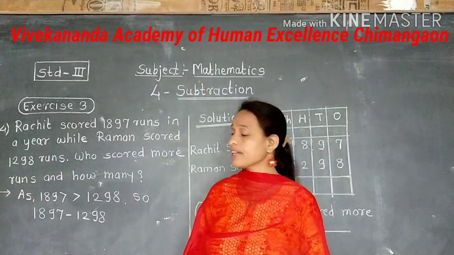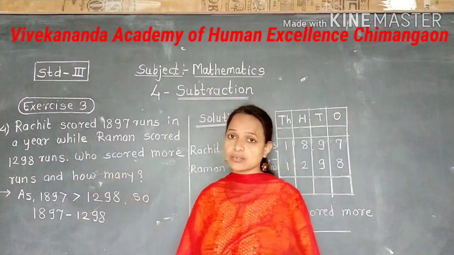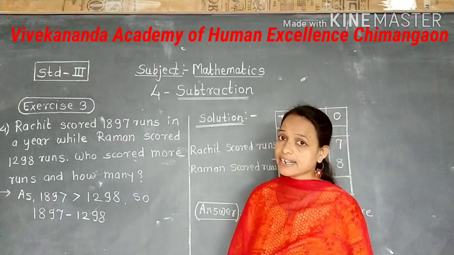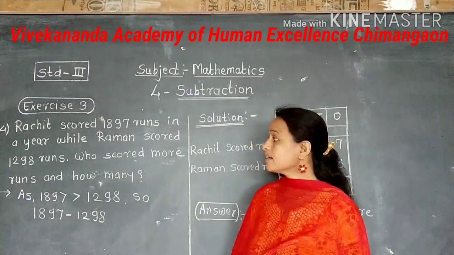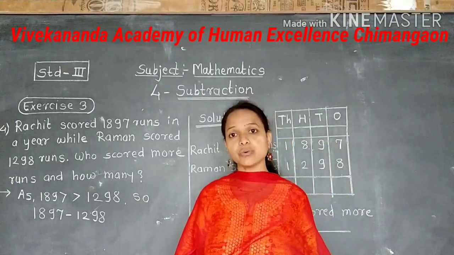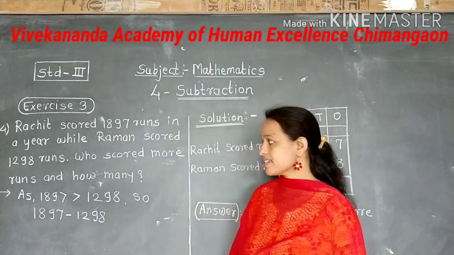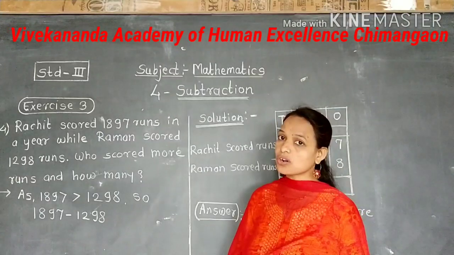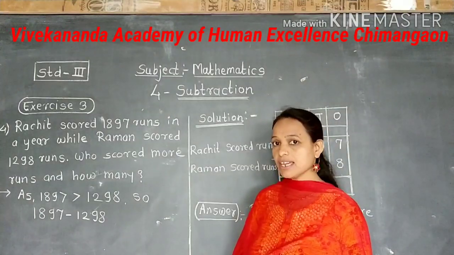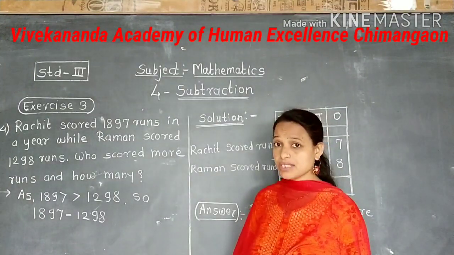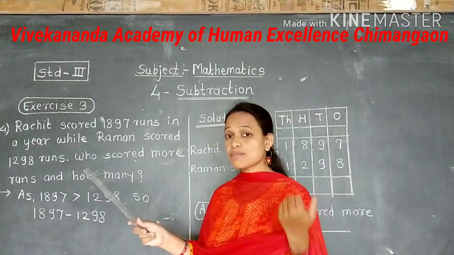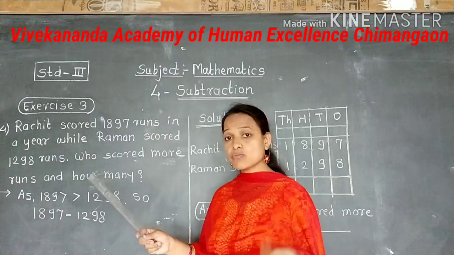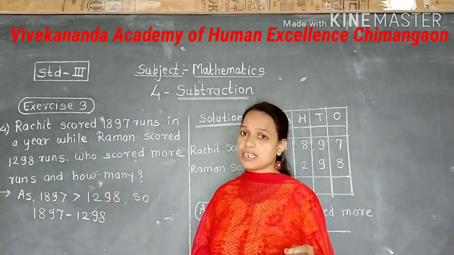Listen again and read it carefully. Rachit scored 1897 runs in a year, while Raman scored 1298 runs. Then who scored more runs and by how many? Means here you have to find out from both players who scored more runs and by how many.